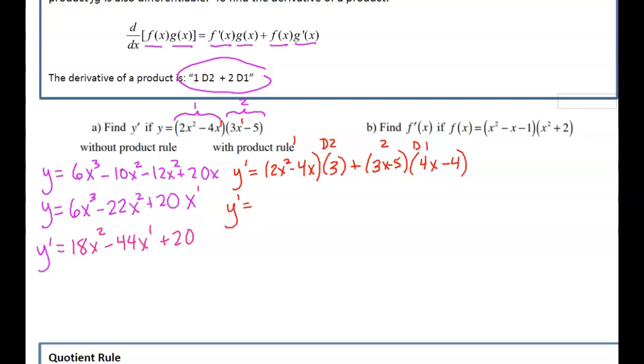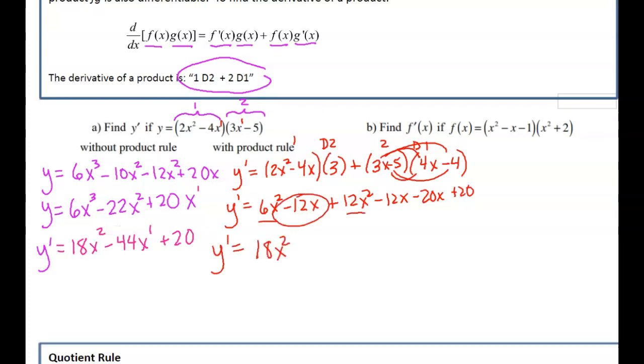I need to distribute the 3, and then I need to multiply this out. So 12x squared minus 12x minus 20x and plus 20. And we will combine like terms. So this and this.